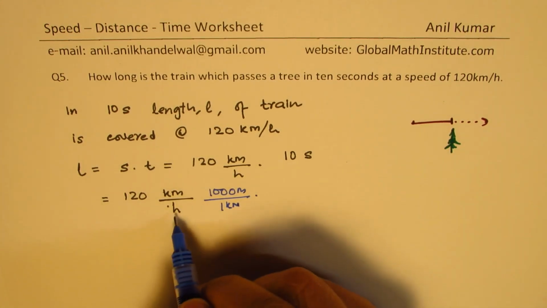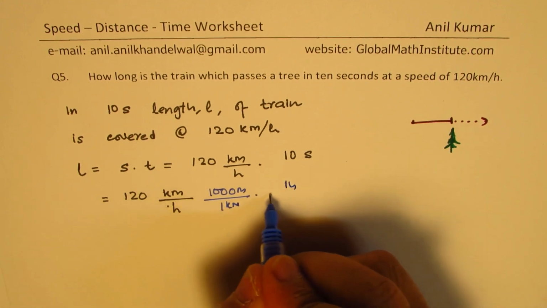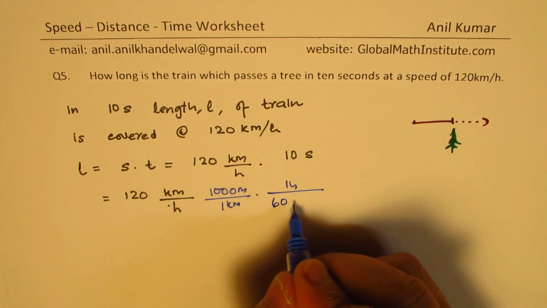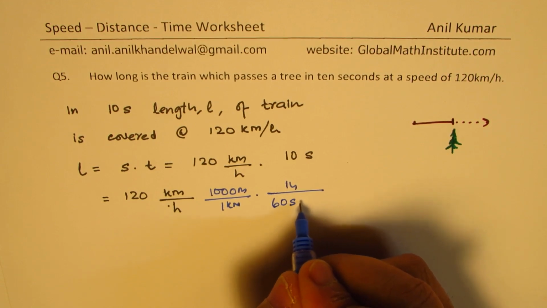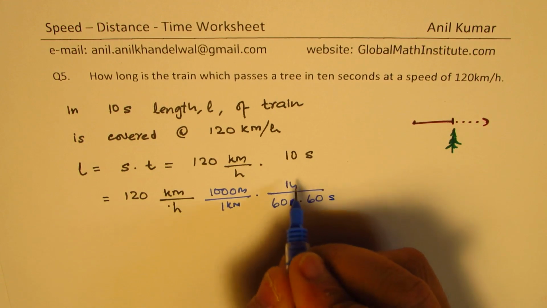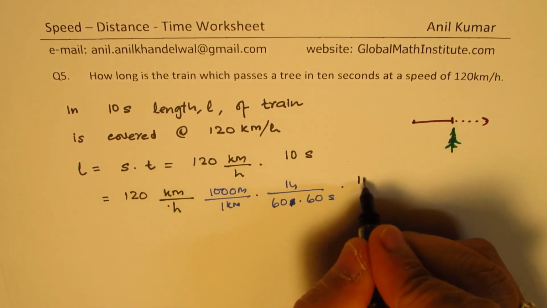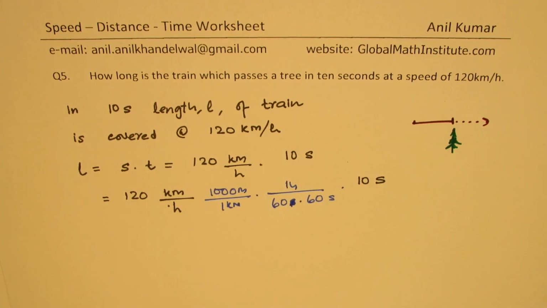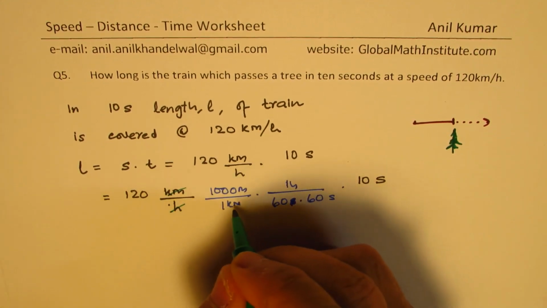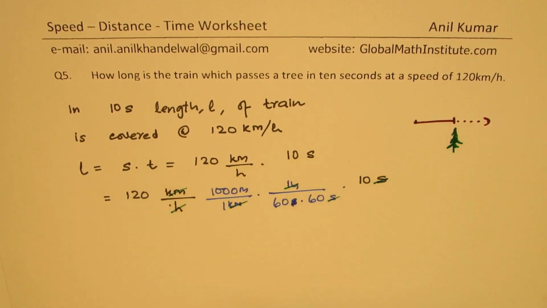Now, hours will be 1 hour is 60 times 60 seconds. And here we have already 10 seconds. Is that clear to you? So that is how we can reorganize. Perfect. So see the units first. Kilometers and kilometers cancel, hours cancel. Seconds and seconds also cancel.